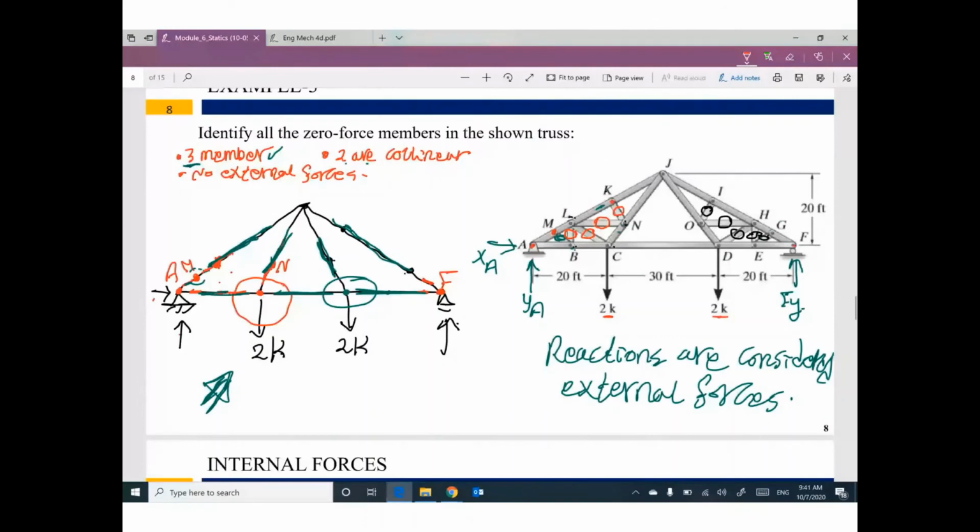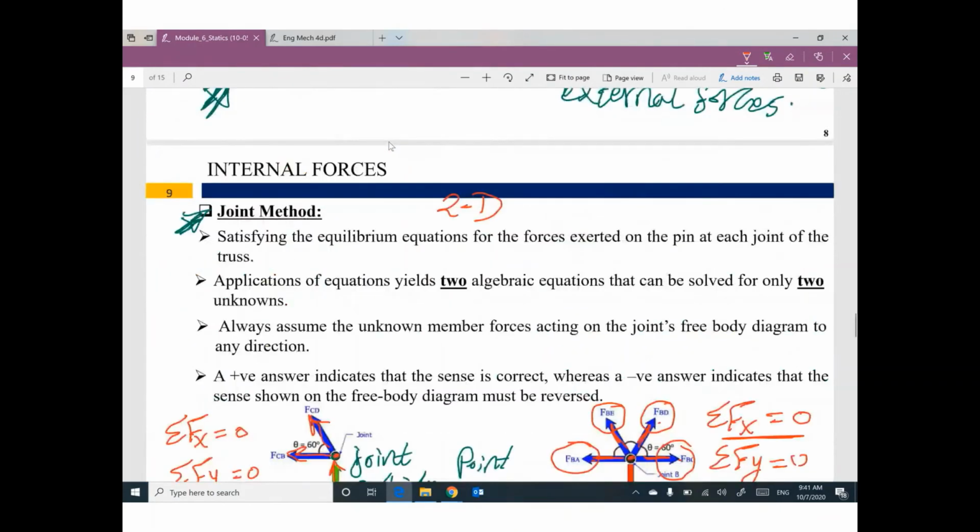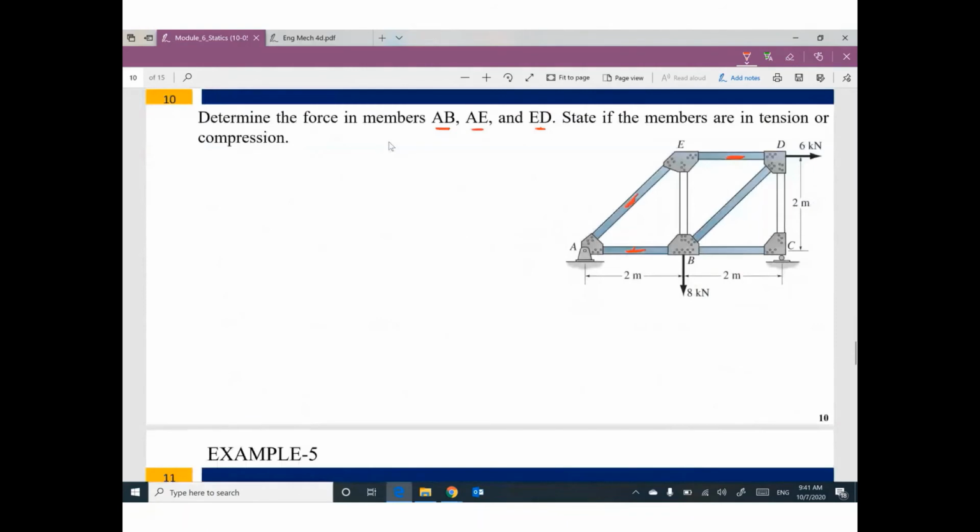This problem is asking to identify all zero force members. So we need to check all members and figure out which one is zero. And if this member is not zero, I don't care about it. So make sure you are reading the problem carefully. Okay. We are looking for members AE, AB, and ED.